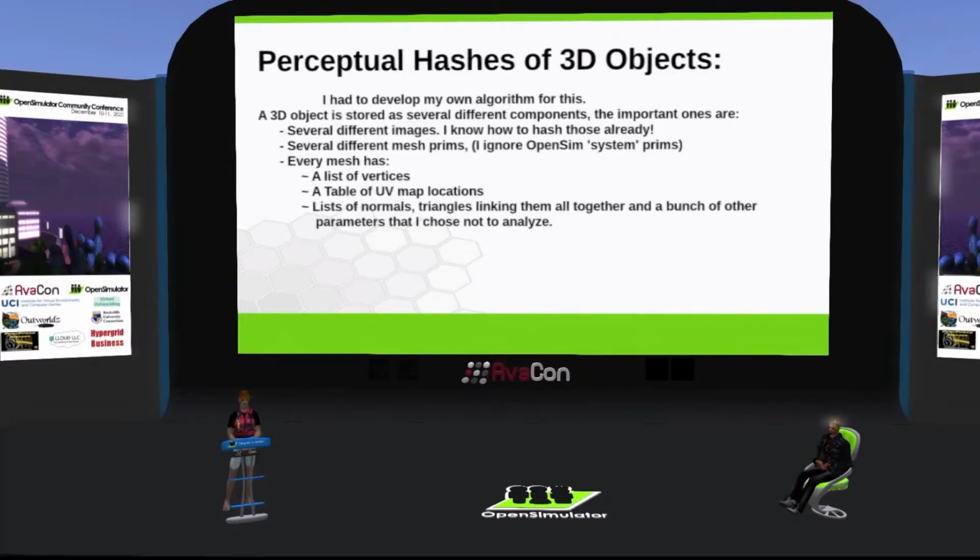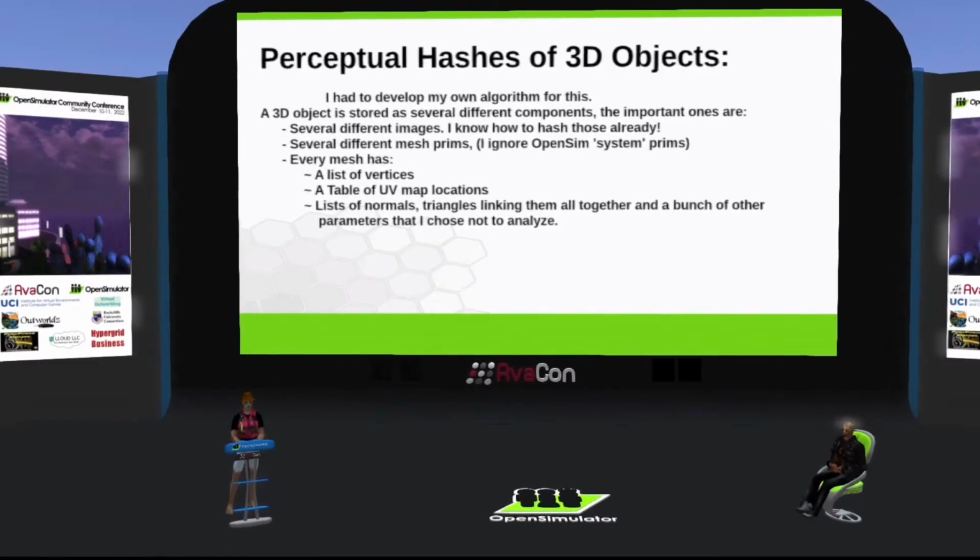And every mesh has a list of vertices, a table of UV map locations, and normals, and triangles actually are important. They stitch everything together, or polygons, and a lot of other features that I've decided aren't germane to calculating a hash, because the positions of the vertices are something that's kind of perceptual.